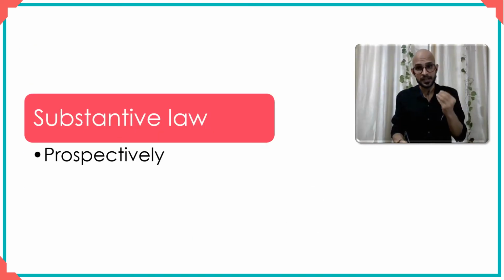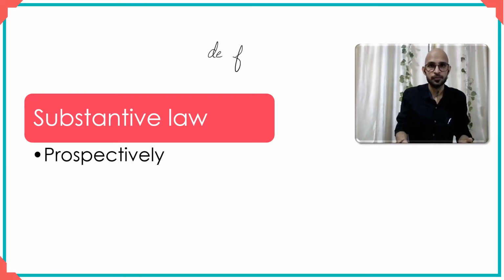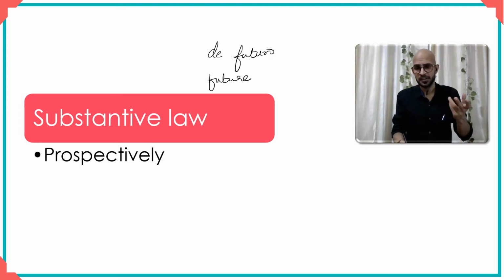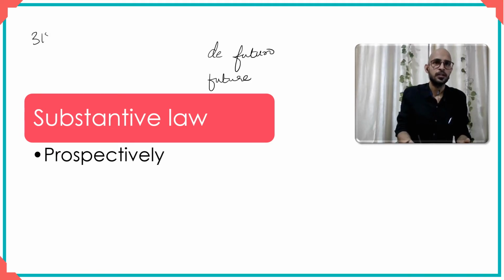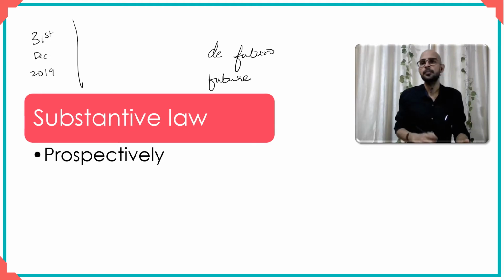Talking about substantive law, it operates prospectively. What that means is that the substantive law operates in the future, de futuro. Let us say a person commits an offense on 31st December 2019, okay?